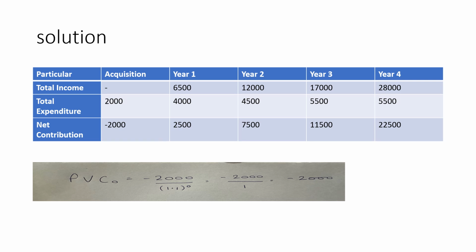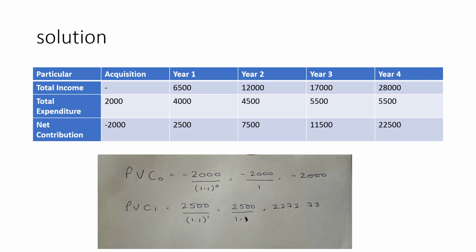We got our details. We created our table with our expenditure, income, and net contribution. Now we start. PVC0, which is the year of acquisition, equals the net contribution divided by 1.1 raised to 0, because it's the acquisition year, which equals minus 2000 upon 1, which equals minus 2000. PVC1 is our year 1.